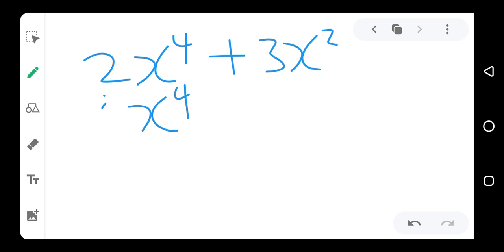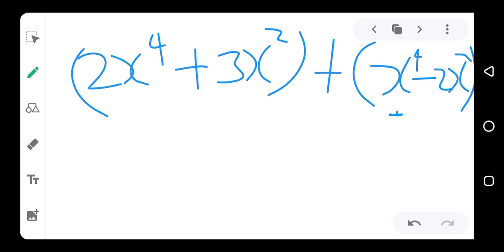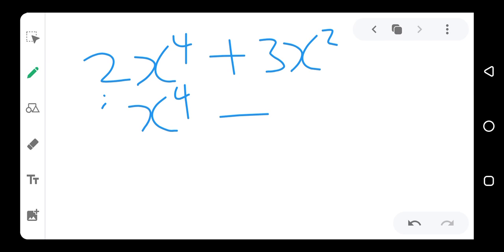Now we look for other ones that have the same variable and the same exponents and put them under this. So we have minus 2x raised to power 2.